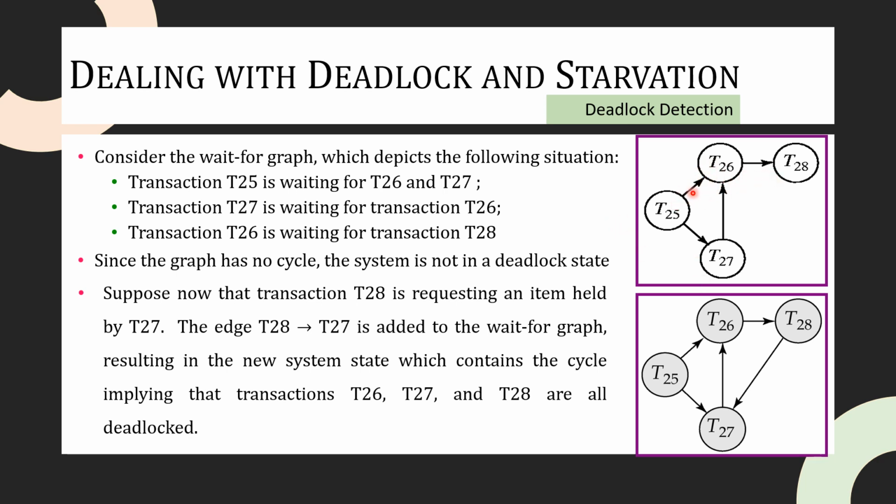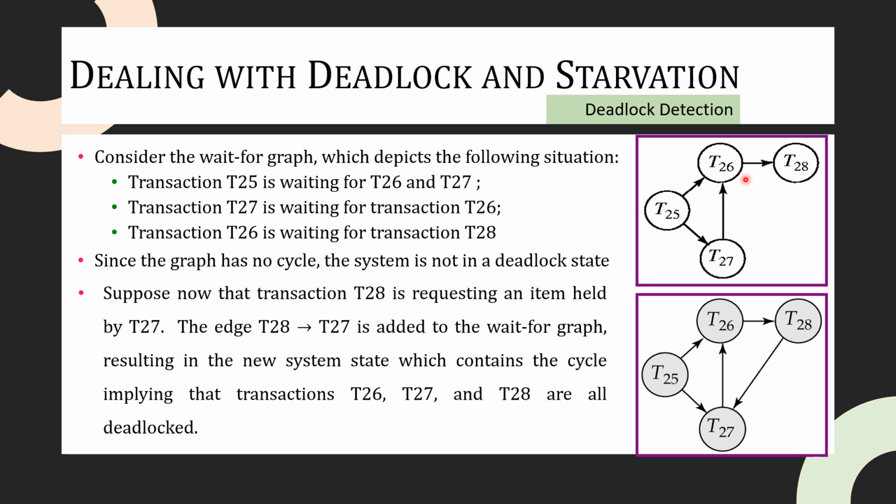This directed edge shows that the transaction T25 is waiting for T26. This graph shows that the transaction T25 is waiting for T26 and T27. T27 is waiting for T26 and T26 is waiting for T28.